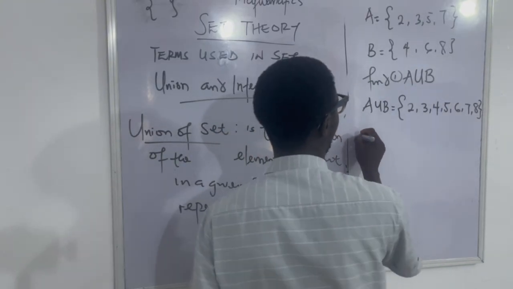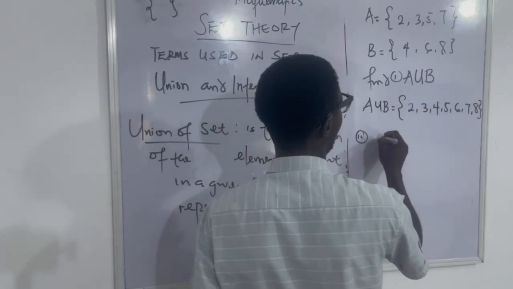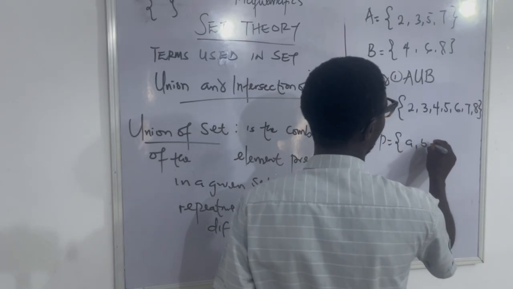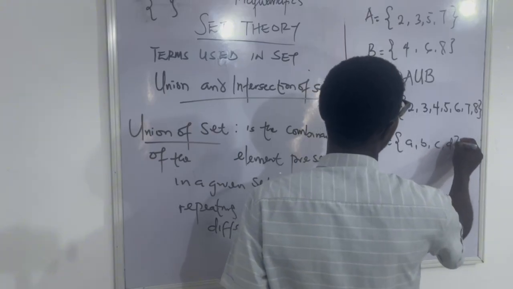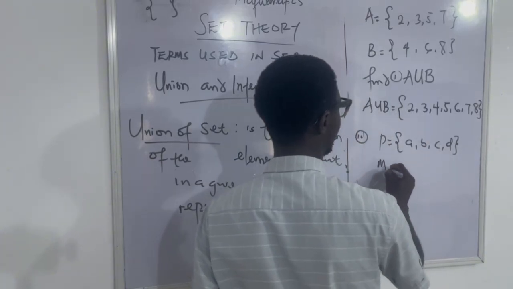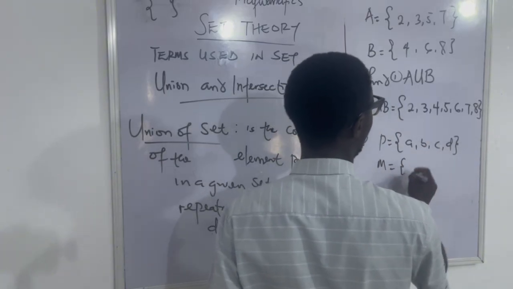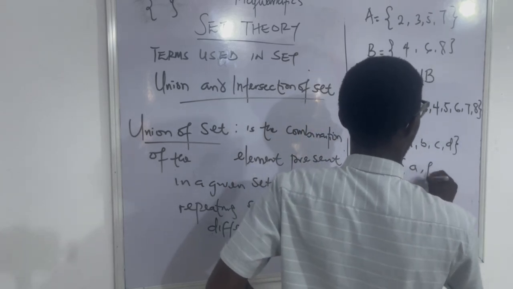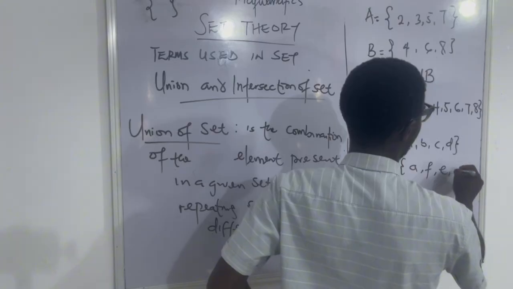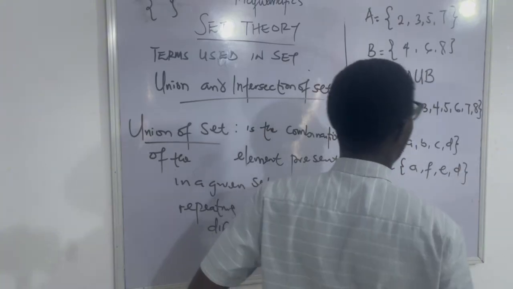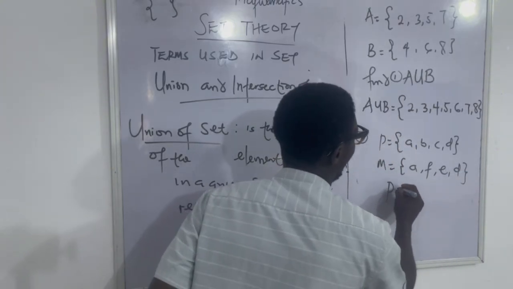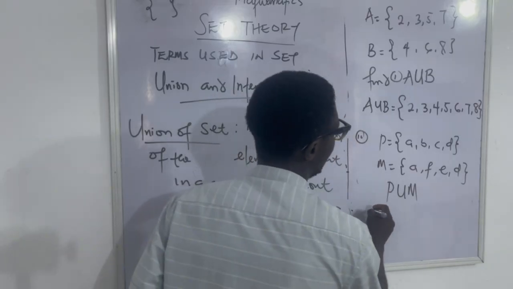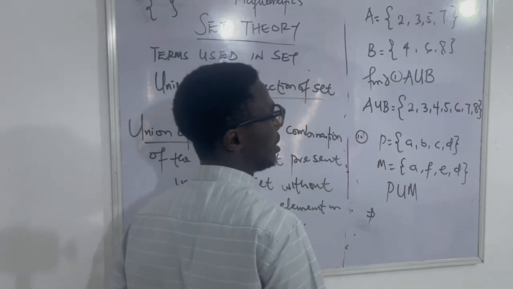The second example, let's say set P contains what? A, B, C, D. And set M contains what? A, F, E, D. Now, and we are told to find P union M. Are we together? So here, check.